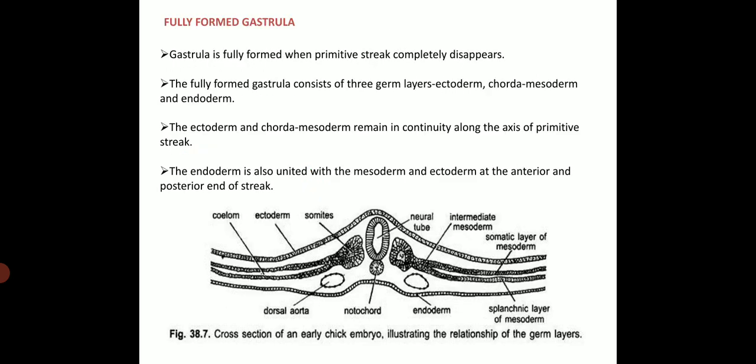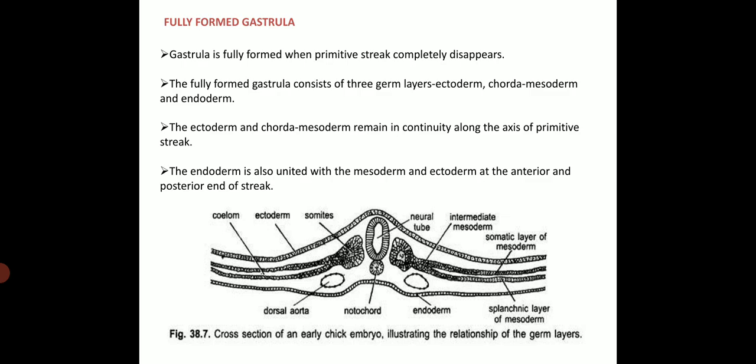When you see this, we call it the fully formed gastrula, where you can see all these important structures fully formed. The gastrula is fully formed when the primitive streak has completely disappeared.